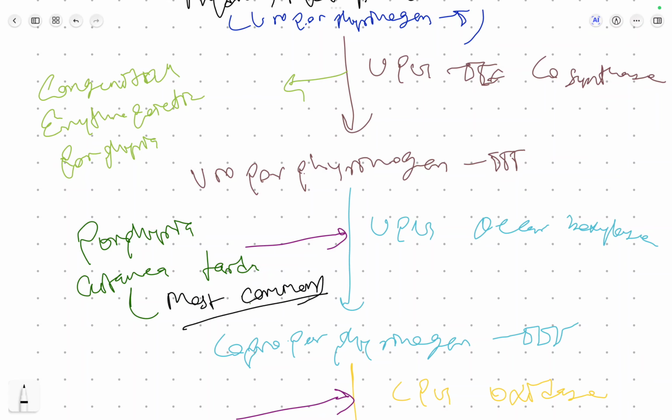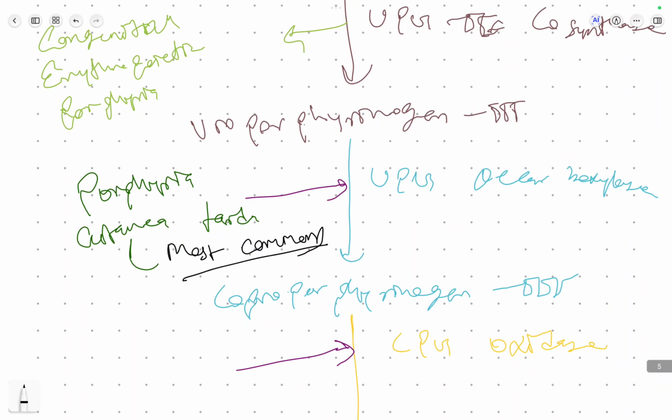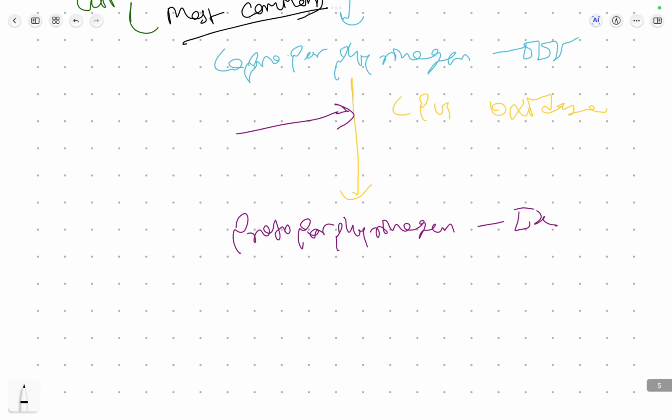So this one is porphyria cutanea tarda, and it is very much important. Alright, so now let's move ahead.